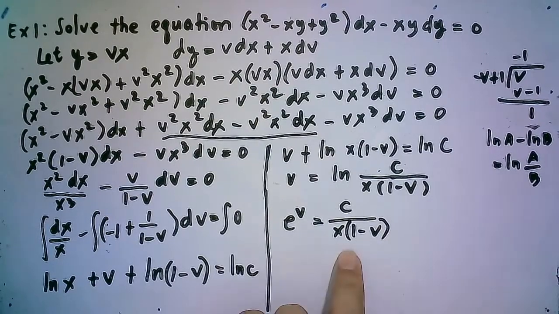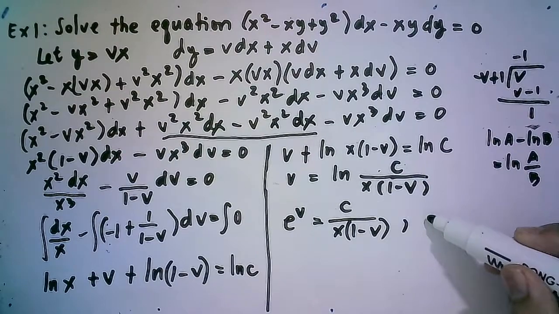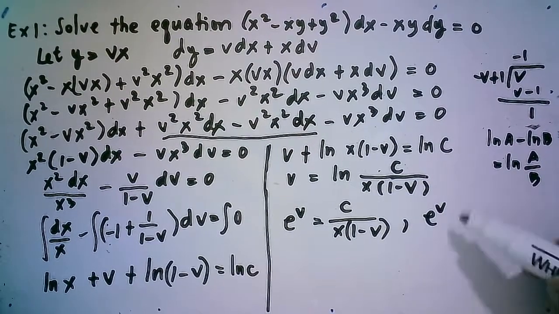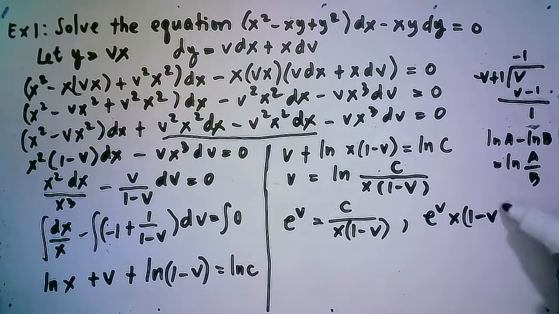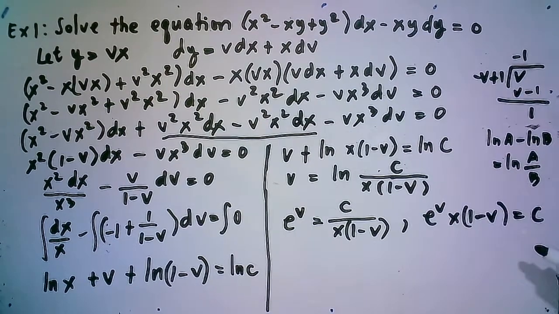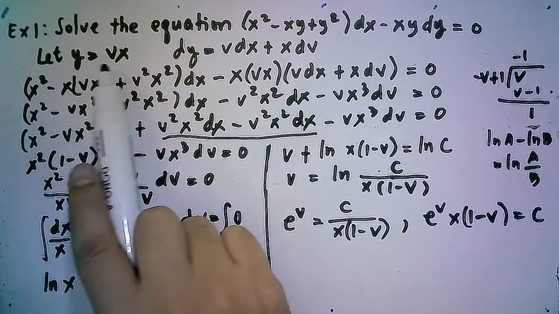And then transfer this one to the other side, that becomes e to the v times x times 1 minus v equals c. So this time we arrive at our equivalent of c, which is e raised to v times x times 1 minus v. So we go back to our substitution wherein y equals vx.